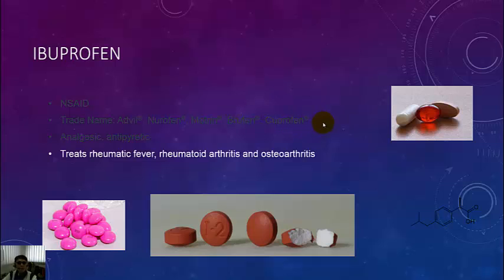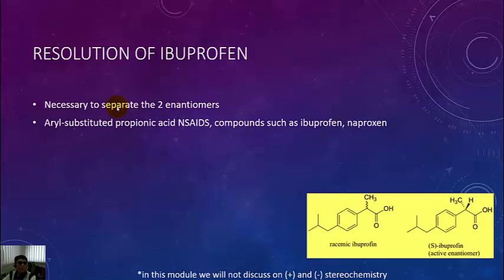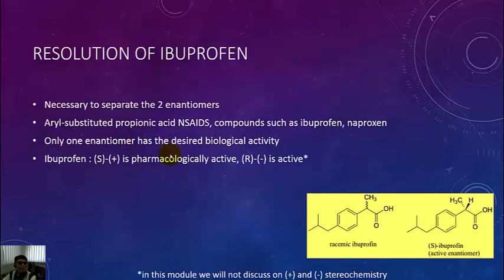Now it has been shown for the aryl-substituted propionic acid NSAIDs, compounds such as ibuprofen, naproxen, or related compounds, that of the two enantiomers, only one has the desired biological activity. For ibuprofen, the S-(+) enantiomer has the desired pharmacological activity, while the R-(-) enantiomer is inactive.